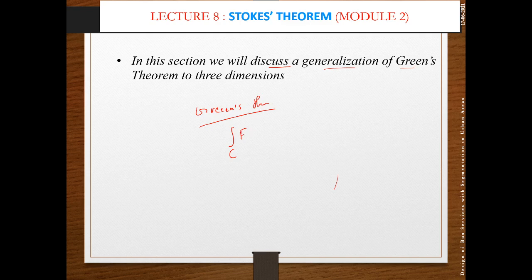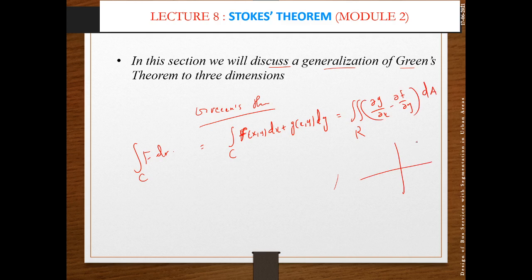I am only considering the work integral, or we can write f of xy dx plus g of xy dy, or this is actually f dot dr. This is equal to the double integral over R of dou g by dou x minus dou f by dou y dA, where this C must be a simple closed curve, and this C is in the plane, the two-dimensional plane.